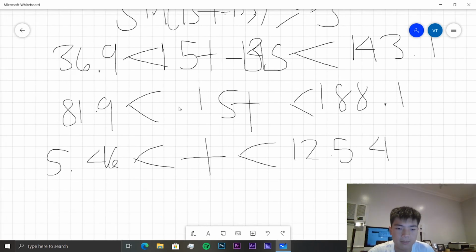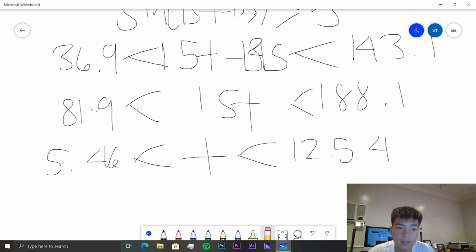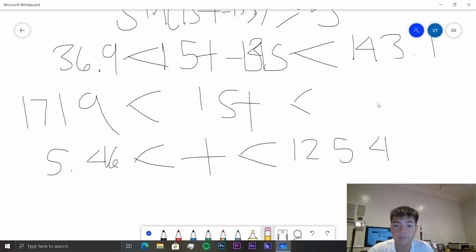So these two times, of course, need to be adjusted. So we have 36.9 plus 135 is 171.9, and 143.1 plus 135 is equal to 278.1.